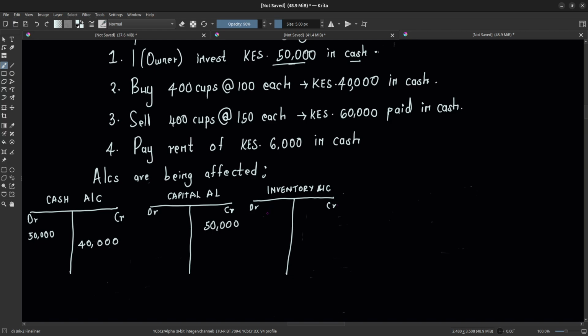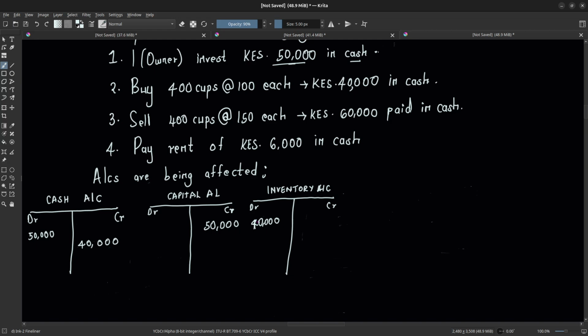And when you want to recognize an increase in an inventory account, which is classified as an asset account, you debit, and you're going to be debiting here 40,000, to show an increase of goods worth 40,000. So here we've already done the double entry for that transaction as well.